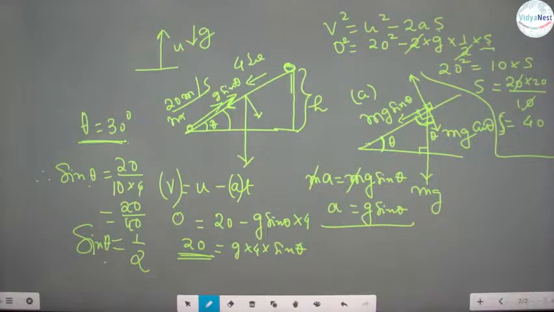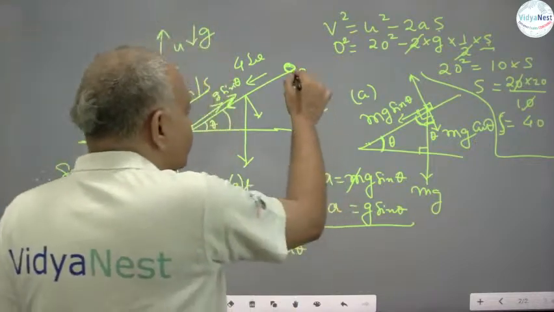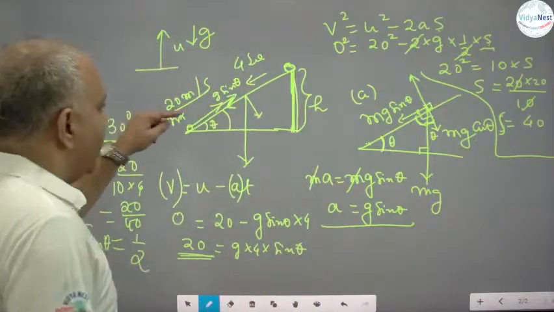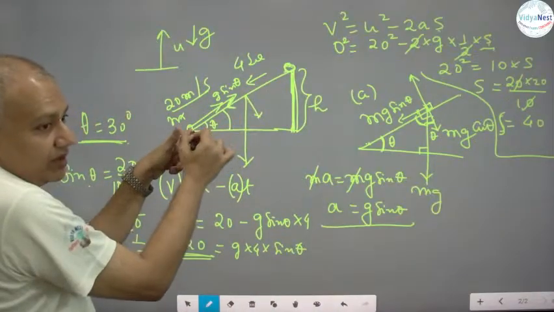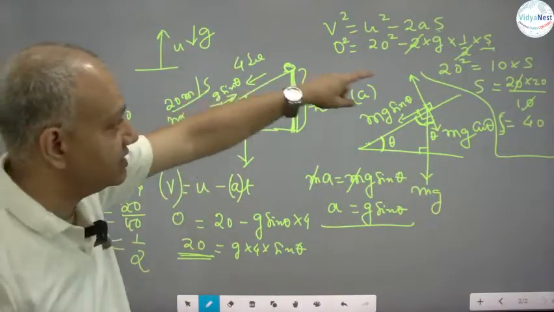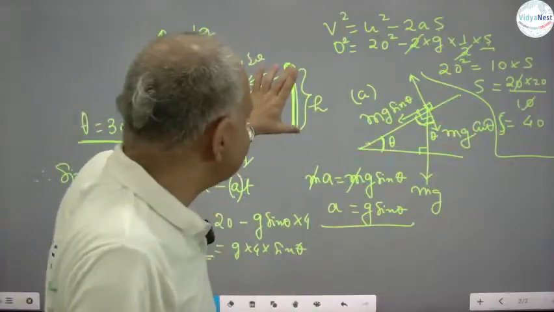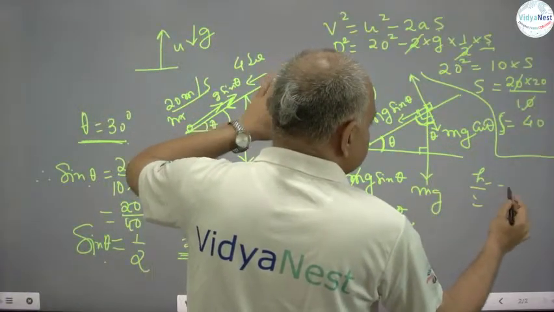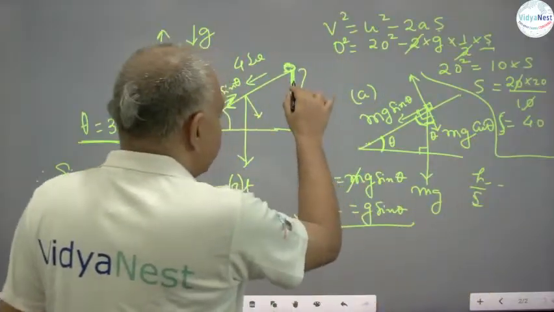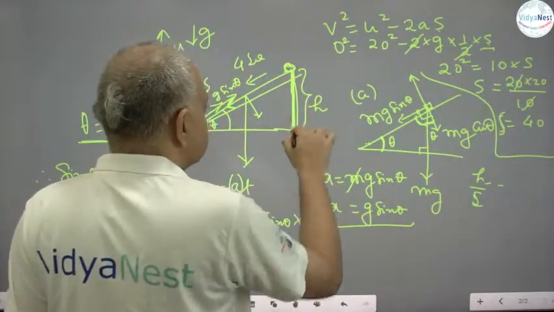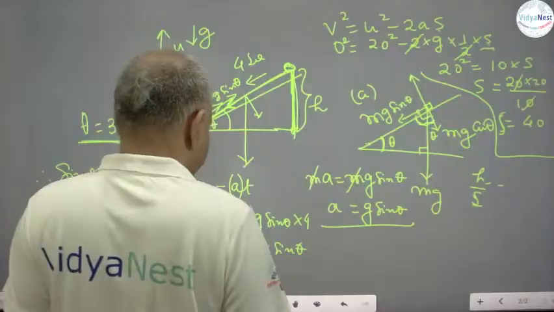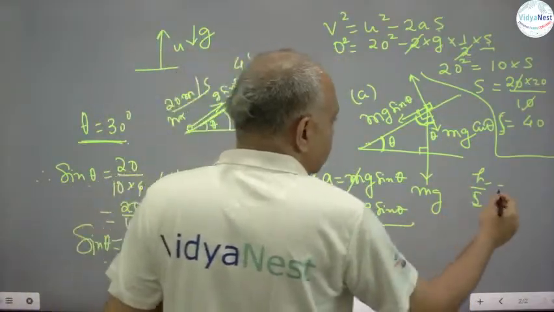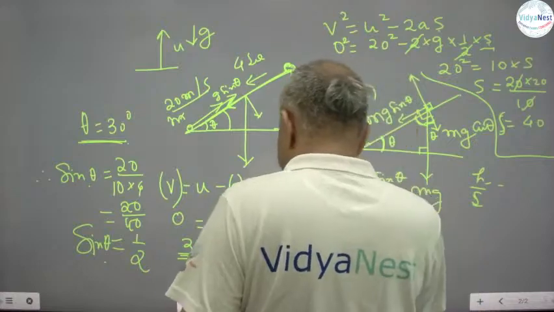So what should the height be? We require this vertical height now. If this length is s, with a value of 40, then this is h and this is s. h by s, perpendicular by hypotenuse, is equal to sine theta.